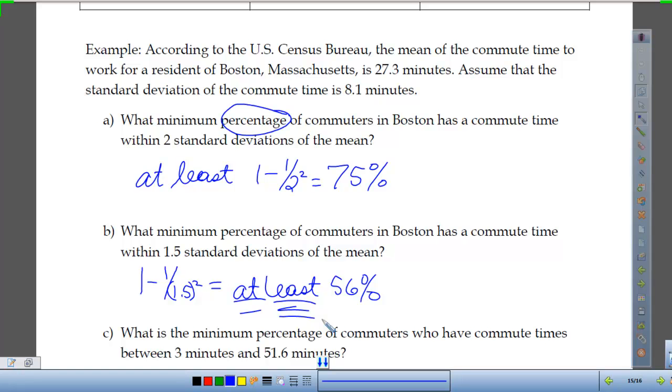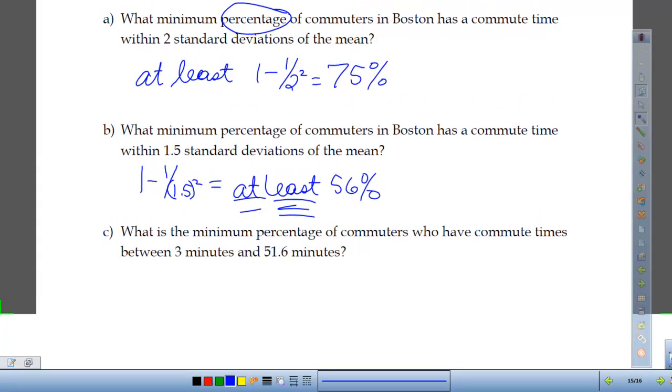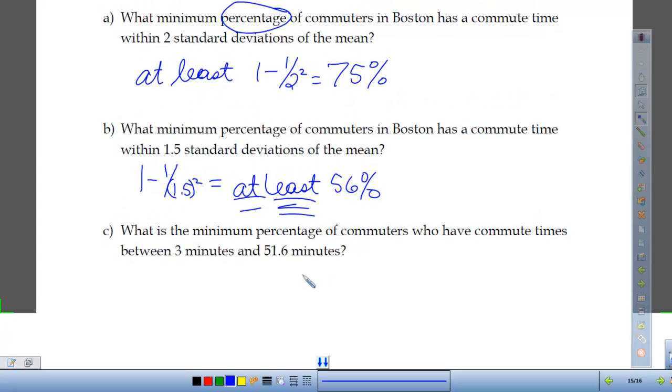Okay, in part C, it says, what is the minimum percentage of commuters who have commute times between 3 minutes and 51.6 minutes? Well, I need to figure out how many standard deviations that is from the mean. Our mean was 27.3 and our standard deviation is 8.1.